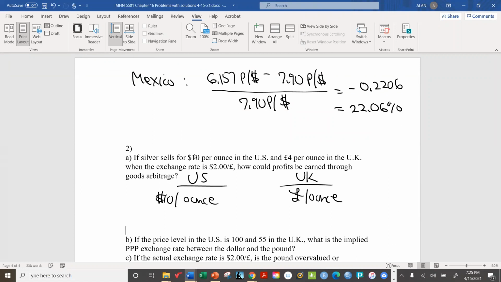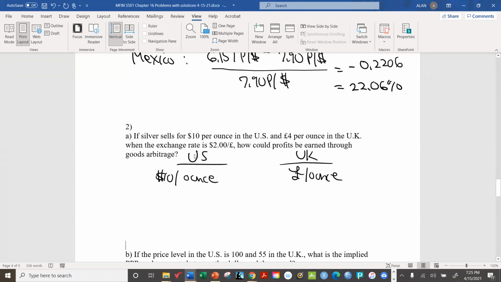But since the exchange rate is $2 a pound, oh, I forgot to write it in here. That implies that this is $8 an ounce. So that means the silver is undervalued in the UK.